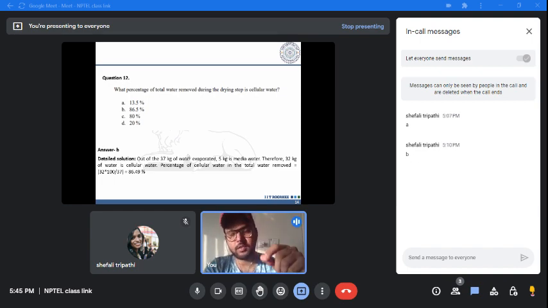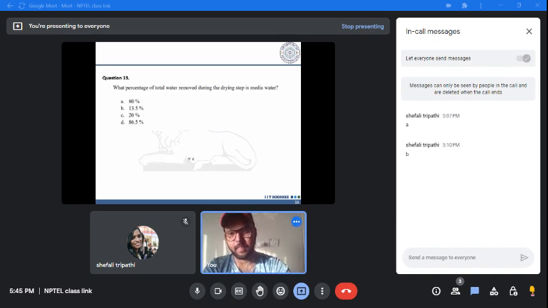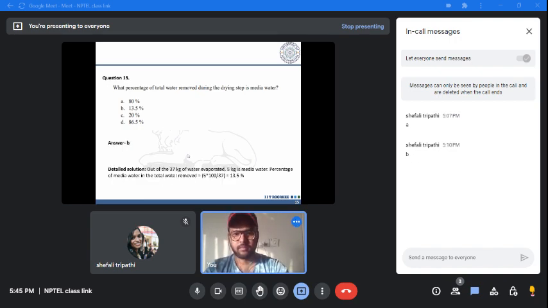Means you need to just find out the percentage. Like, suppose what is the percentage of 5 kg out of 100 kg? You need to solve a question like this, then you can find out the correct answer. Now, what percentage of total water removed during the drying step is media water?